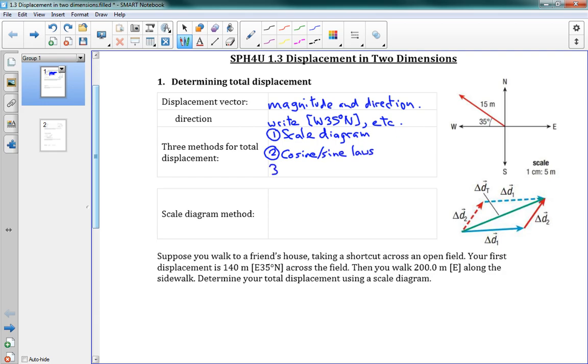And number 3, which is really going to be, once you've seen all 3 methods, the one that we focus on for the rest of the course. So number 3 is called the perpendicular components method.